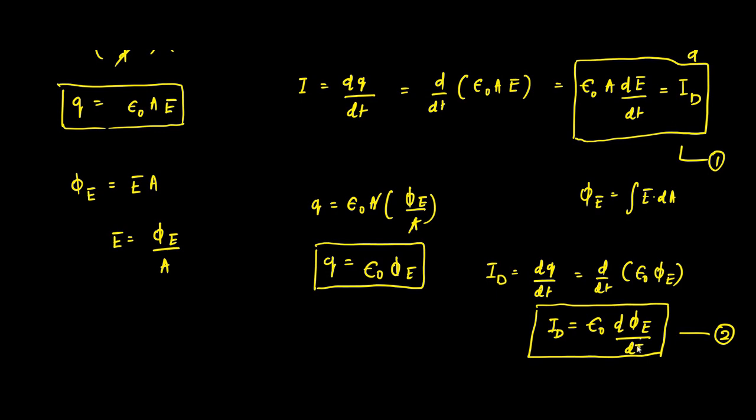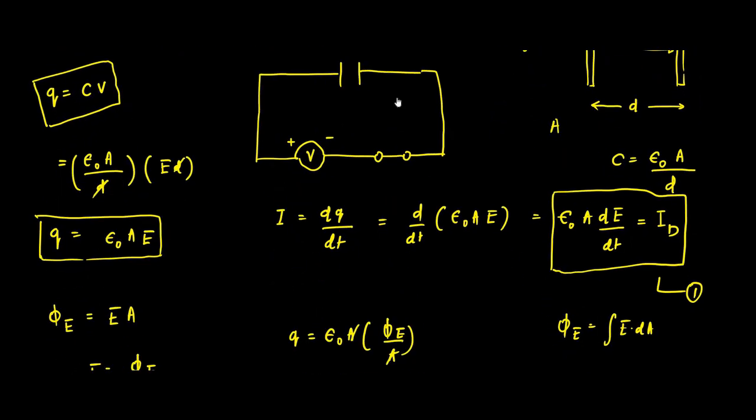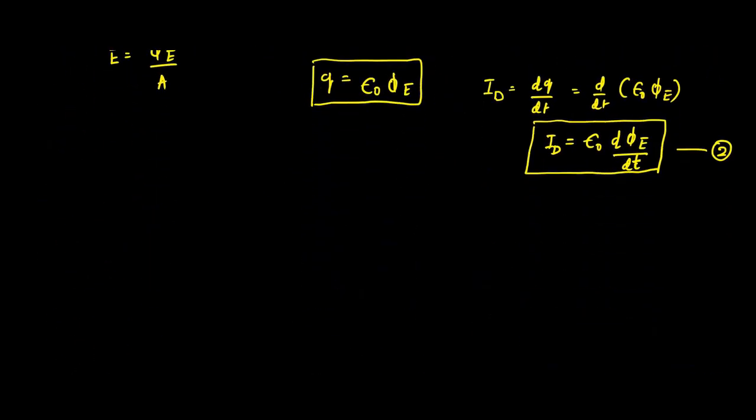So this is how we got the expression of displacement current, and we got the modified Ampere's circuital law, which is now expressed as the line integral of magnetic field, which is equal to mu 0 times the conduction current I plus displacement current ID, which is equal to mu 0 into I plus epsilon 0 d phi E by dt.